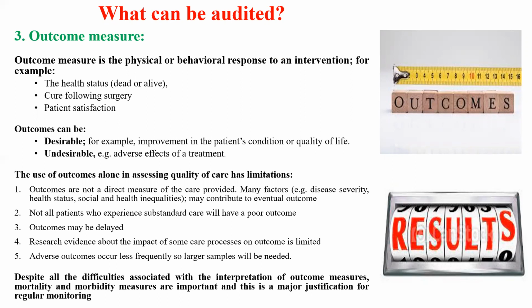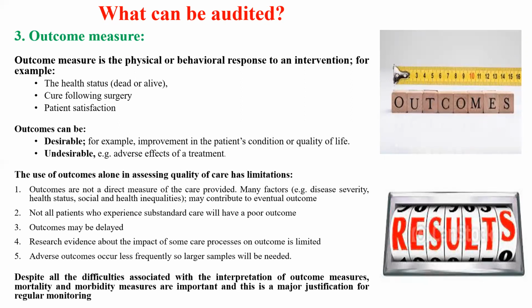The outcome measures have limitations, which include: number one, they cannot be a direct measure of the care provided because there are many other factors that may contribute to the eventual outcome. Number two, not all the patients who experience substandard care will have poor outcomes.